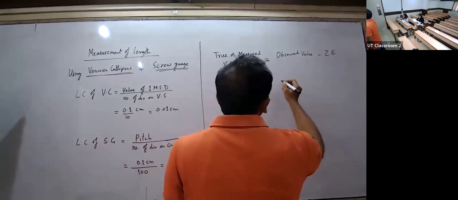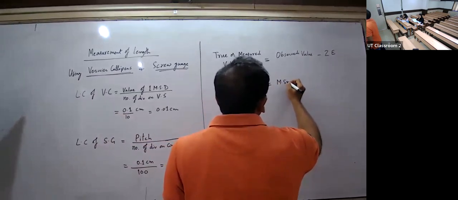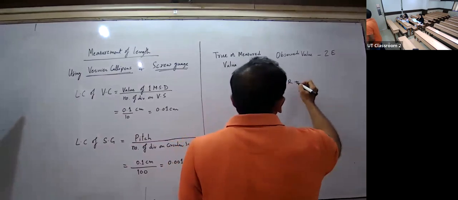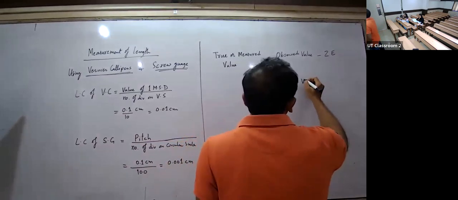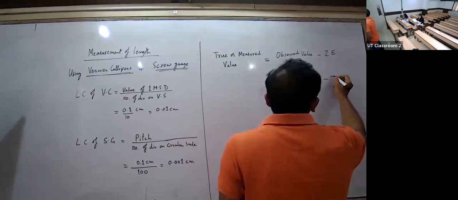Which is equal to the main scale reading plus the vernier scale reading, minus zero error.